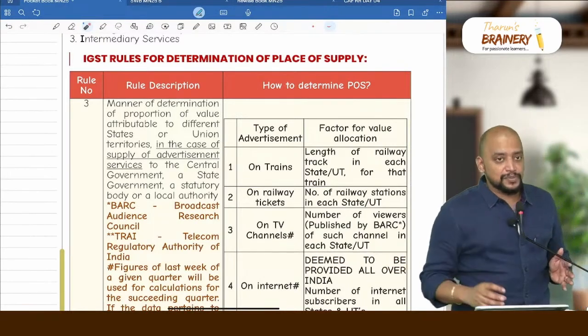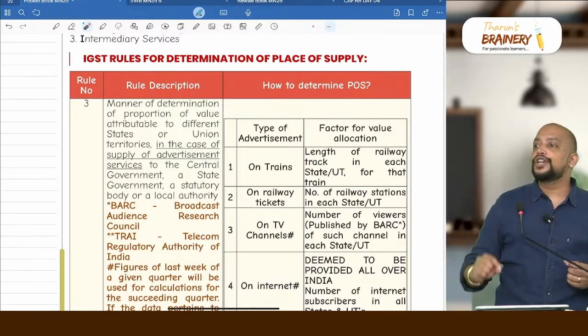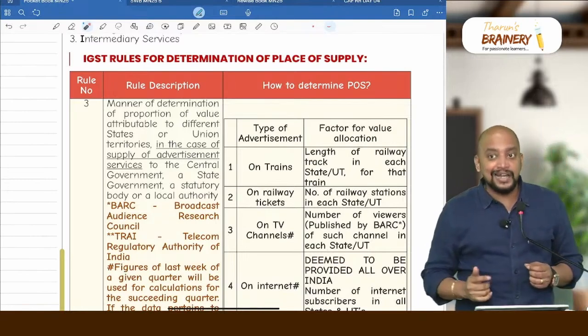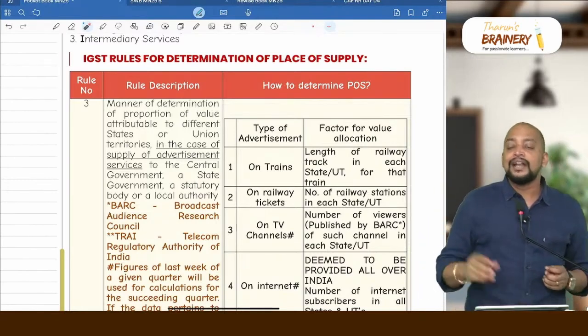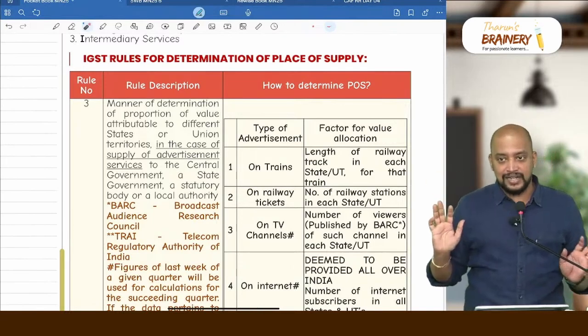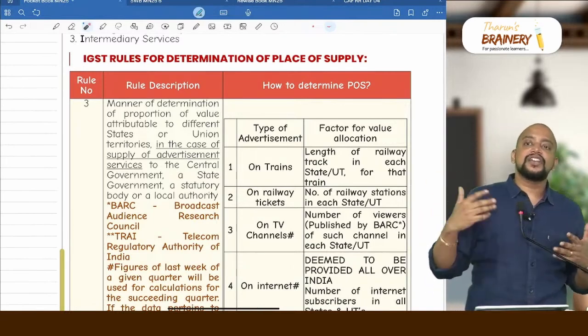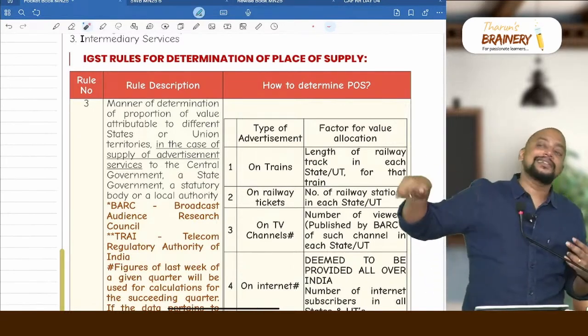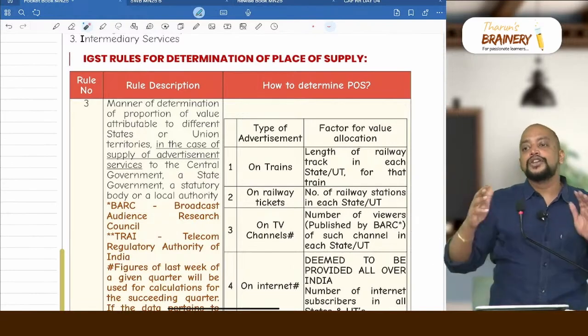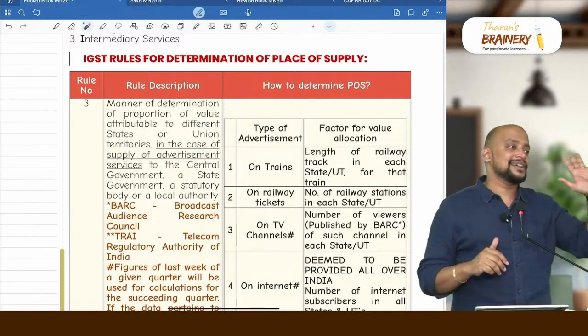Suppose if the advertisement is through SMS, now you need to take telecom subscriber data of last quarter, last week, and that should be divided between the states. Okay. And suppose if it is a telecom circle and that telecom circle is in more than one state, you need to take the population census. These are the 5 points.